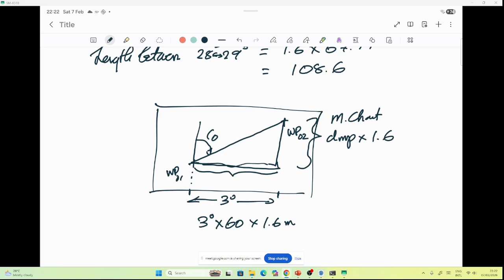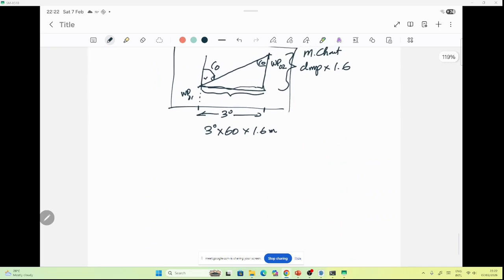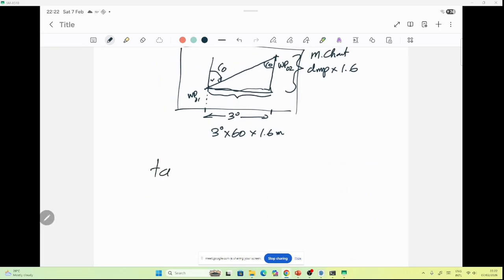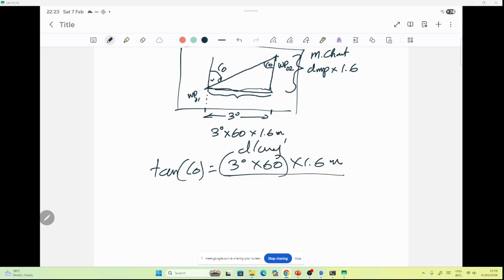Right, so you can see if this is the course, this is the course, right? Equal angles, these are parallel. So now from this triangle, you can see tan course equals, this is d long. This length is 3 degrees into 60 into 1.6. I would say this is d long in minute scale, divided by this height, which is dmp into 1.6.